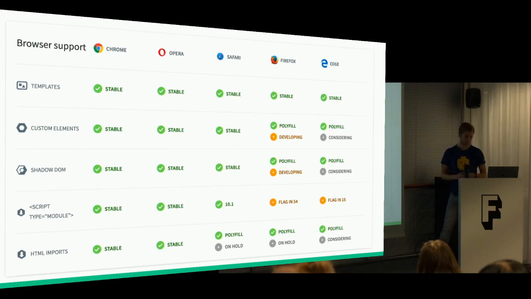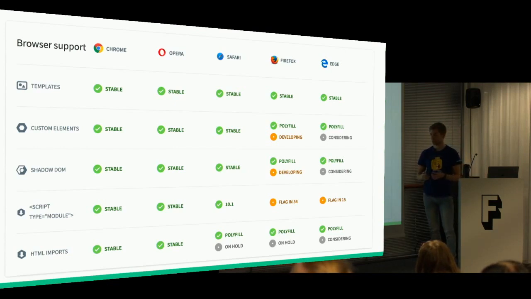At the same time, engineers at Google who are building Polymer and so on have discovered that this HTML import style doesn't really work with other JavaScript frameworks or doesn't really solve any new problems.